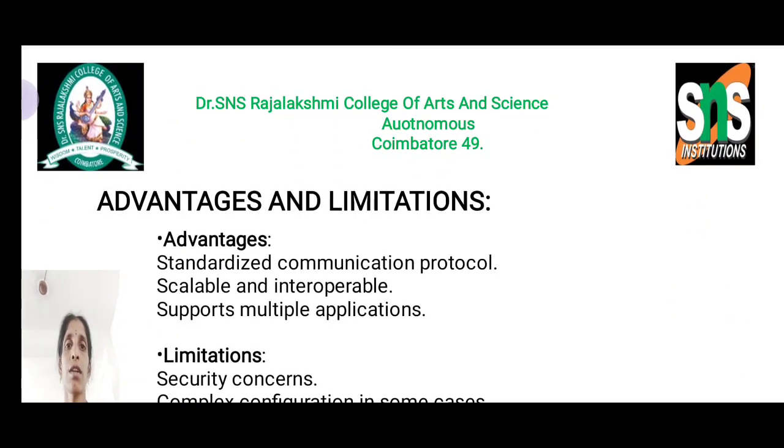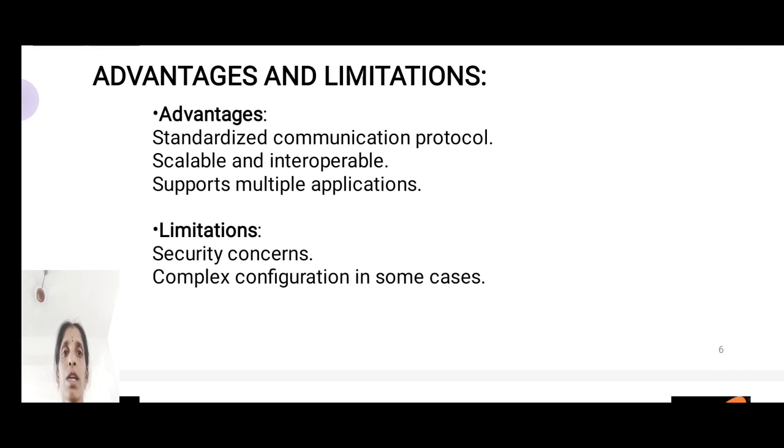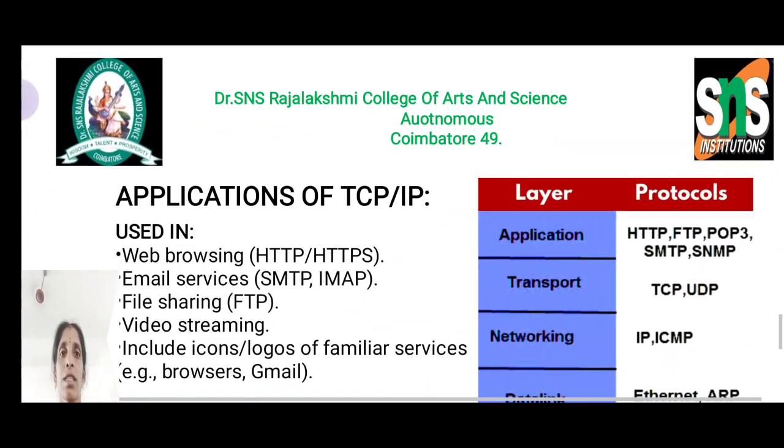There exist a lot of advantages and drawbacks while using TCP and IP. Here are some advantages. It uses a standardized communication protocol. It is scalable and interoperable. It also supports multiple applications. The limitations, that means drawbacks, are security concerns and complex configuration in some cases.